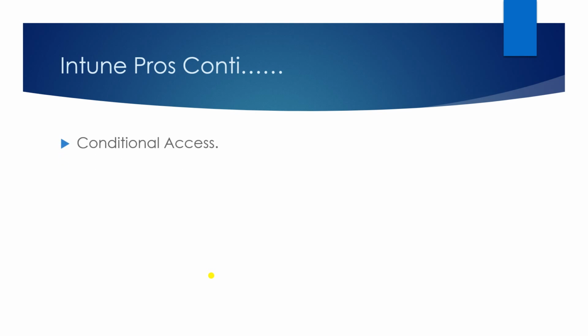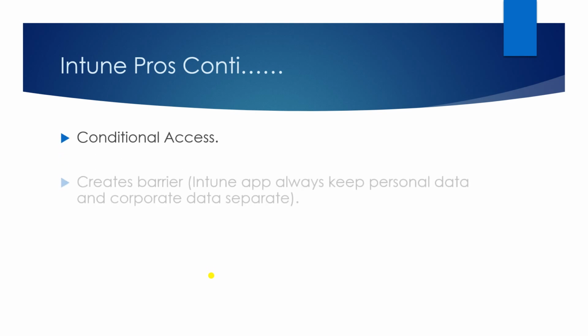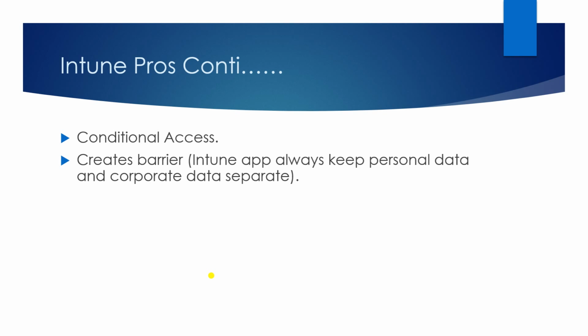Now, let's see what else we can do. We can provide conditional access. Conditional access comes when you are using your own device for office purposes. When you use the BYOD option and import your personal device into Intune, you can put conditional access.